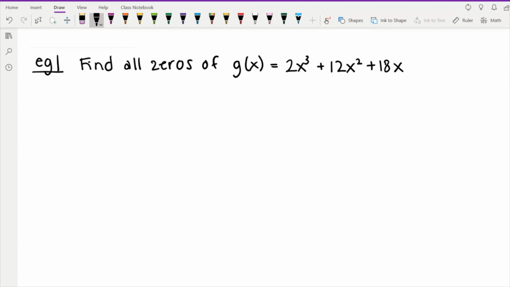Even if you didn't in the last example, I would encourage you in this one to pause and try this yourself, and then come back and see if you got the same answer rather than just sitting and watching. Okay, so what is our first step? Well, if we're trying to find the zeros, we want to set the function equal to 0 and solve it for x.